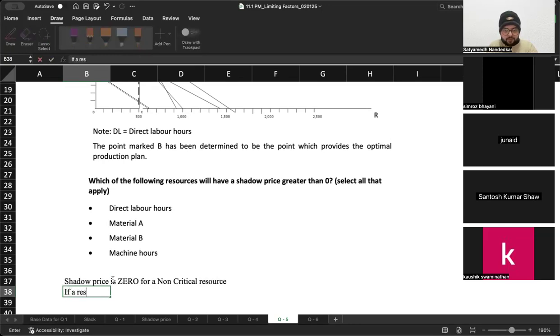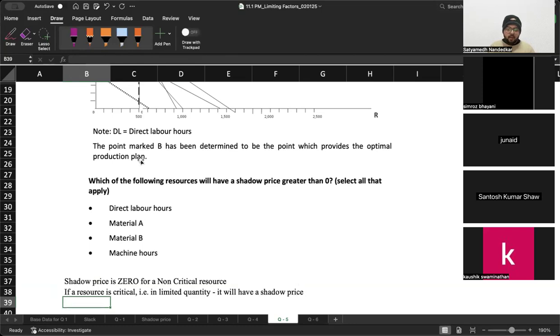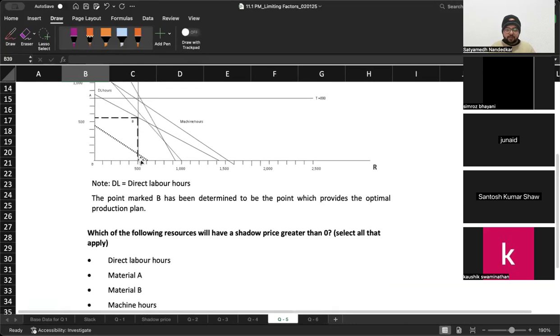If a resource is critical, that is in limited quantity, it will have a shadow price. ठीक है, अब you have to understand.